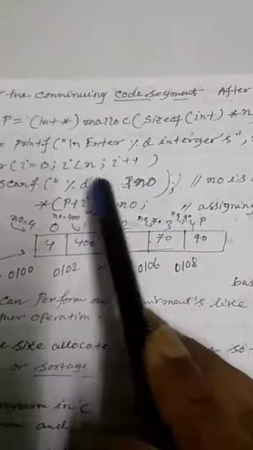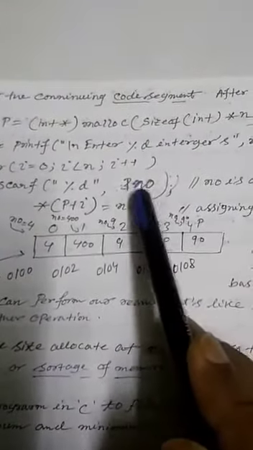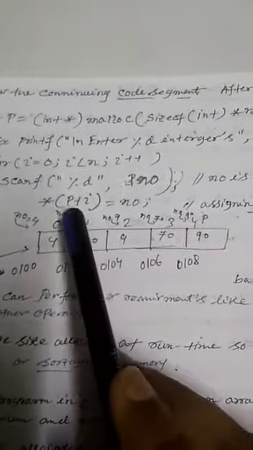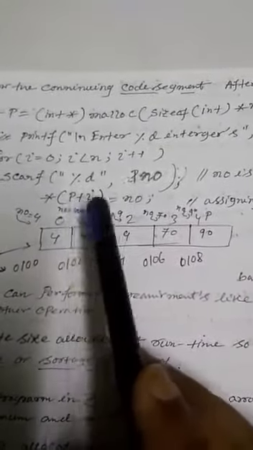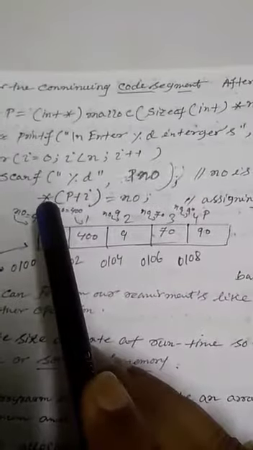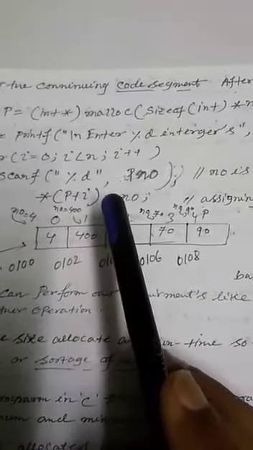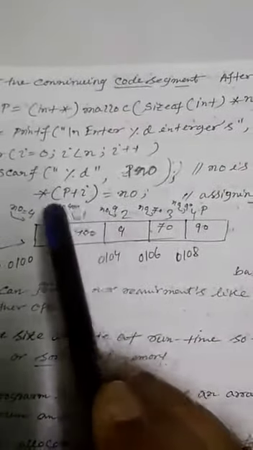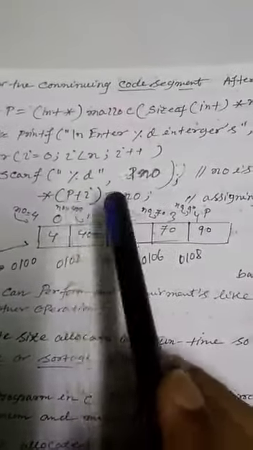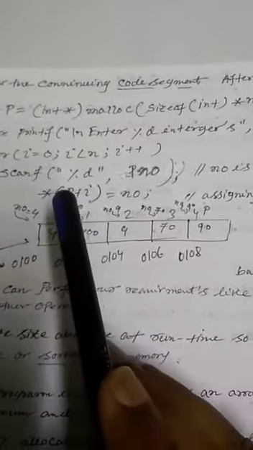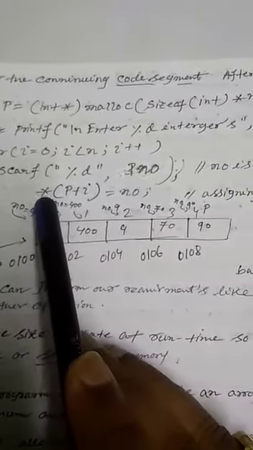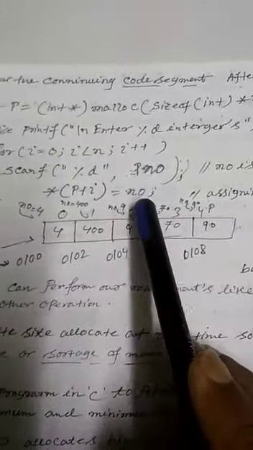Each and every number will be taken in the integer variable, and here we use pointer arithmetic, that is *(p + i) = number, which I have already discussed in my previous lecture, showing how pointer arithmetic is effective. At each and every location, with the help of the value at address operator, the number will be taken.